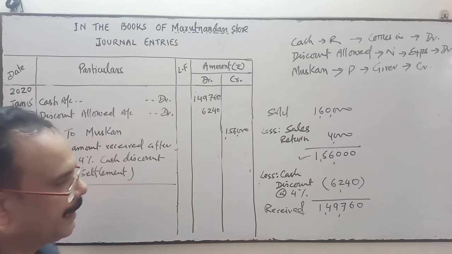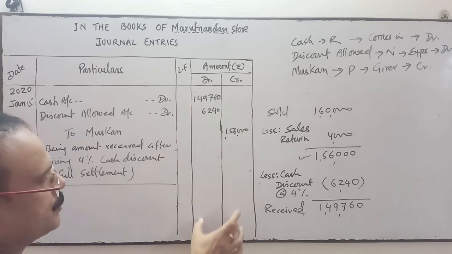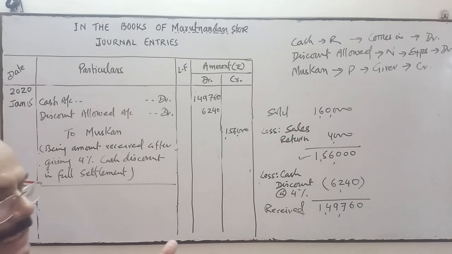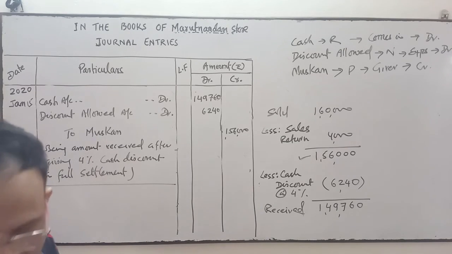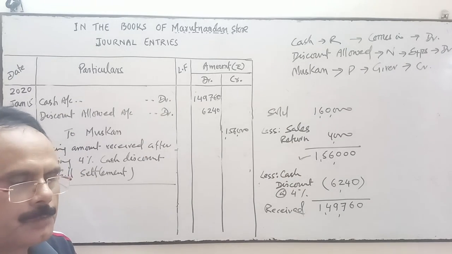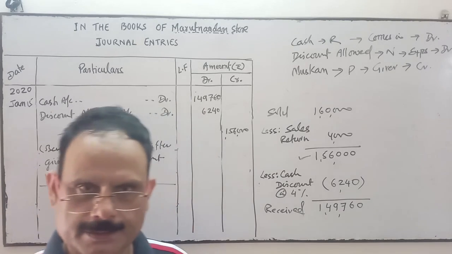And on every page, we do the total of this page and write it over here as balance carry forward. This balance carry forward will be brought down on the next page as balance brought forward, and this will continue till the end of the financial year.